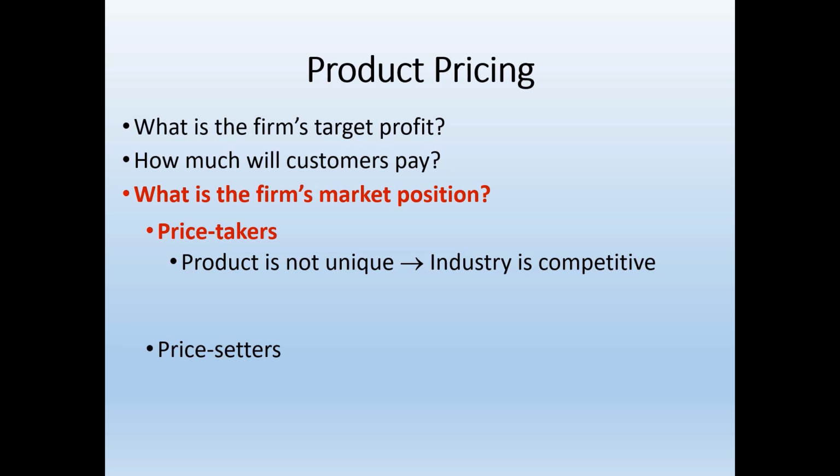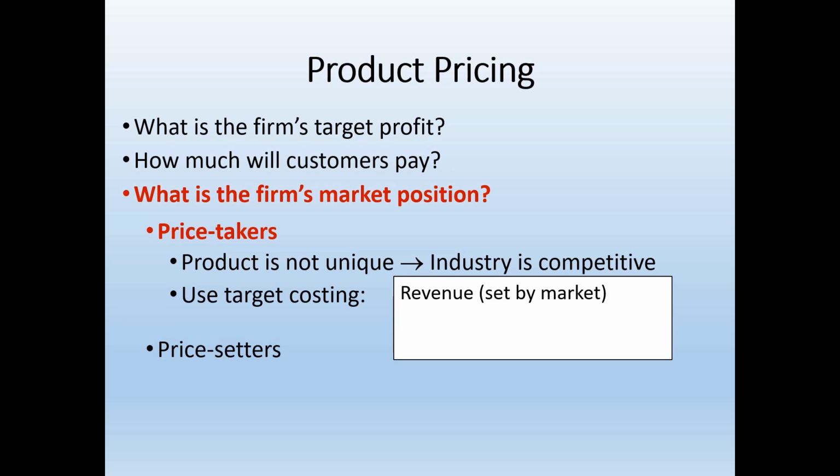If one price taker decides to charge more than the market price, customers will simply buy a similar unit from a different provider. If a price taker tries to sell for significantly less than the market price, then they're going to sacrifice profit on each unit that they sell. In that case, a price taker would use target costing.